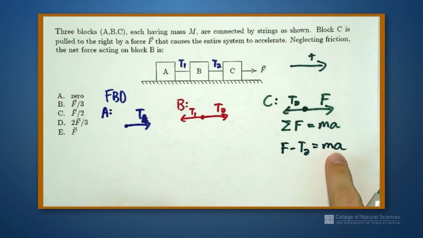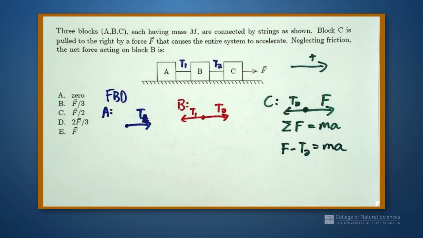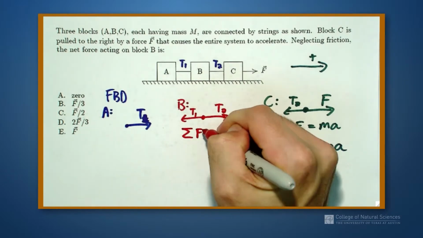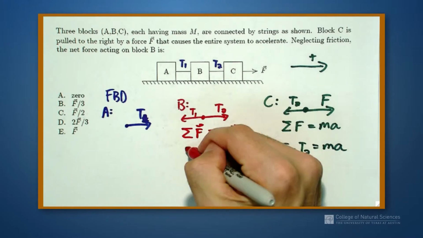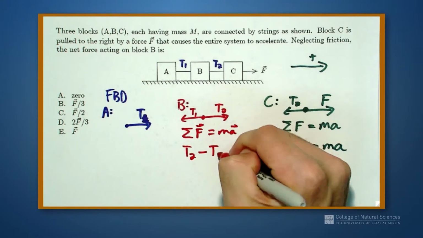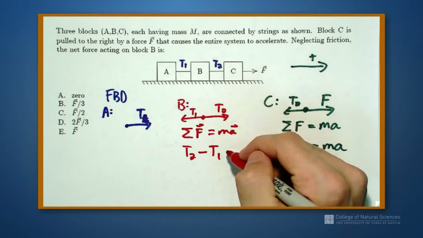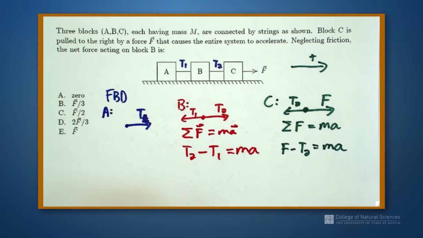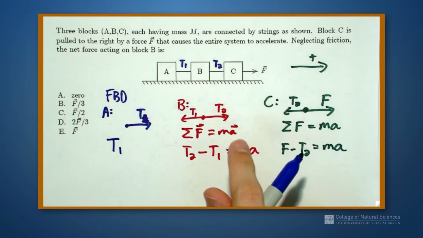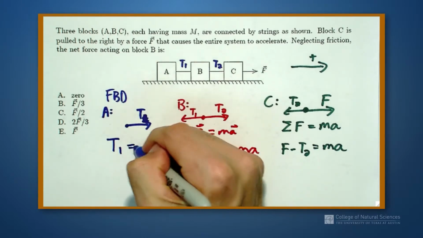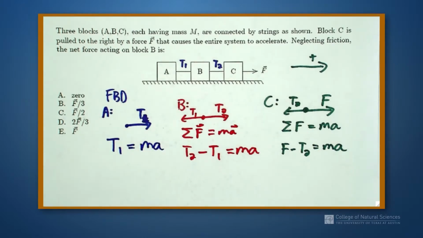This is the mass of block C, but they all have the same mass M. Block B, on the other hand, its net force is going to be T2 to the right, T1 to the left, so we get the minus sign, and that's going to equal MA. And finally, we're back to block A, and we'll see that T1 pulls towards the right, and this is equal to MA.